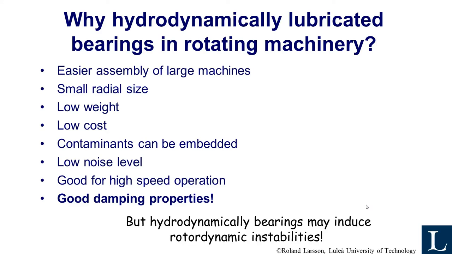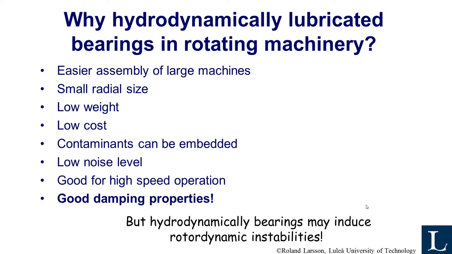But why at all use hydrodynamically lubricated bearings in rotating machinery? Well, there are a number of reasons. As you know, it's easy to assemble a large machine. They are smaller in radial size in comparison to a rolling element bearing. They have low weight, low cost normally. Contaminants can be embedded in the surface, they have a lower noise level, and they are also good for high speed operation.